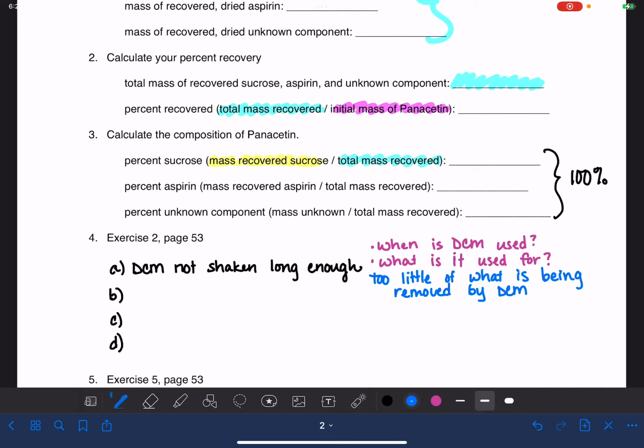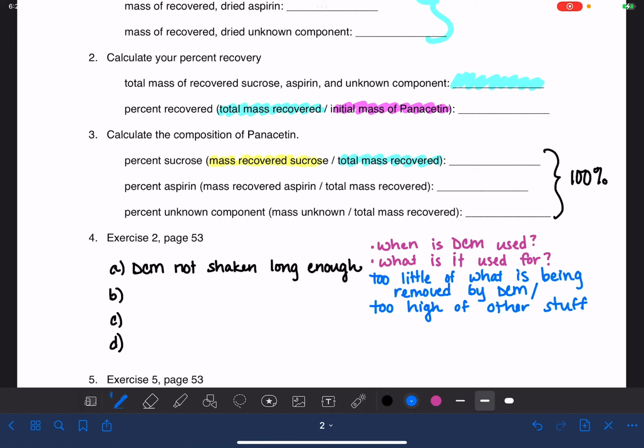And then as a result, let's just say that it's separating the sucrose, so that would mean too little sucrose is being removed. That would mean our sucrose percentage is too low, and this as a result would cause our mass to be too high of the other substances.